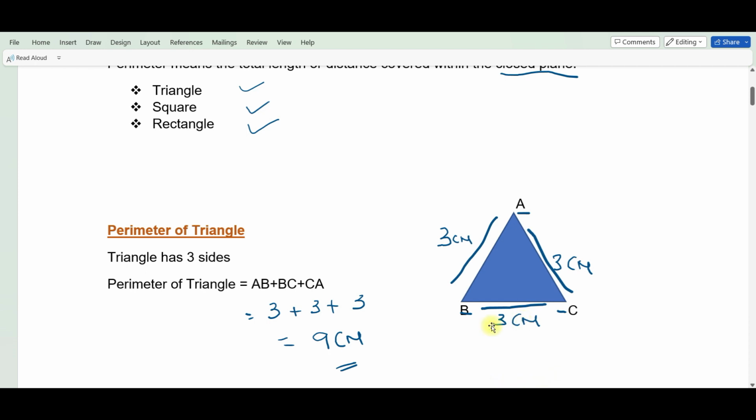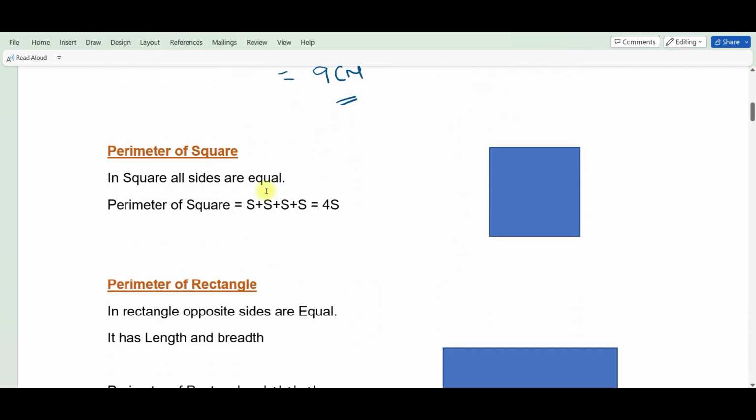So going forward, let us learn the perimeter of a square. Now when we talk about a square, we all know that the sides of the square are equal and we will have 4 sides of it. For example, this is one side, this is the second, this is the third and this is the fourth. So we know that all the sides of a square are equal.